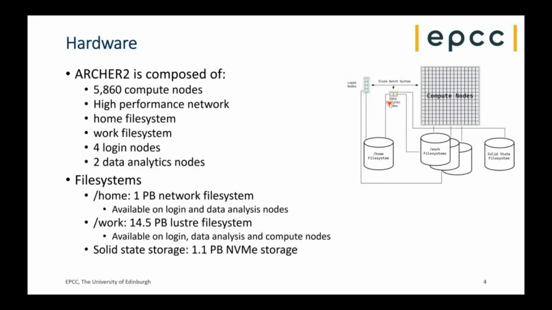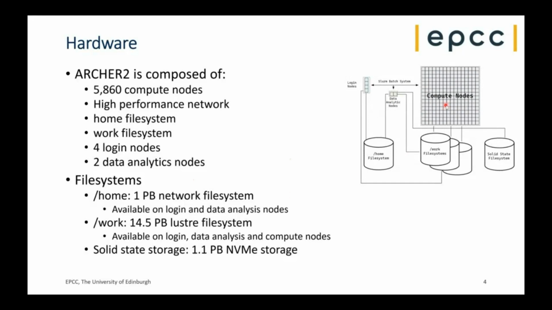So it's things like packing up or unpacking large data structures, archives, zip files. It's doing a bit of post-processing on data which doesn't need large amounts of compute, but needs access to the data. It's copying large files or large amounts of data on and off ARCHER2. That can all be done through these data analytics nodes.